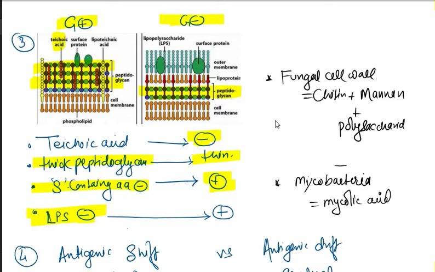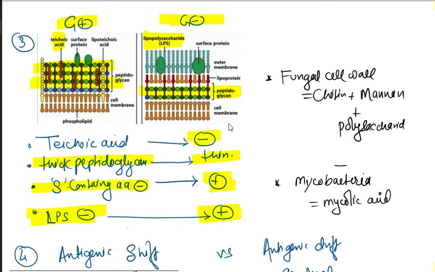So sulfur containing amino acid is present in the gram negative bacterial cell wall, and the same is absent in gram positive. Lipopolysaccharide is present in the gram negative cell wall, and this is the cause of antigenicity.